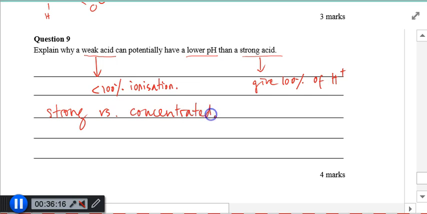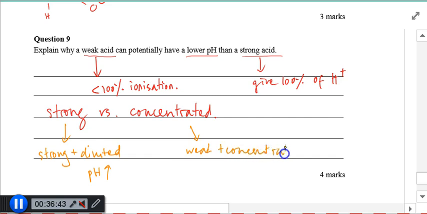So you could have a weak, very concentrated acid, and that could have a lower pH, that is, be more acidic than a strong but very dilute acid, okay? So in the case of a strong, relatively dilute acid, the pH of this could actually be higher than a weak concentrated acid.